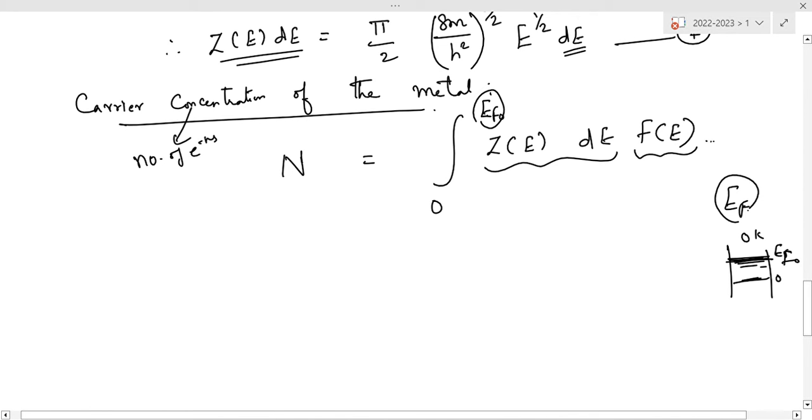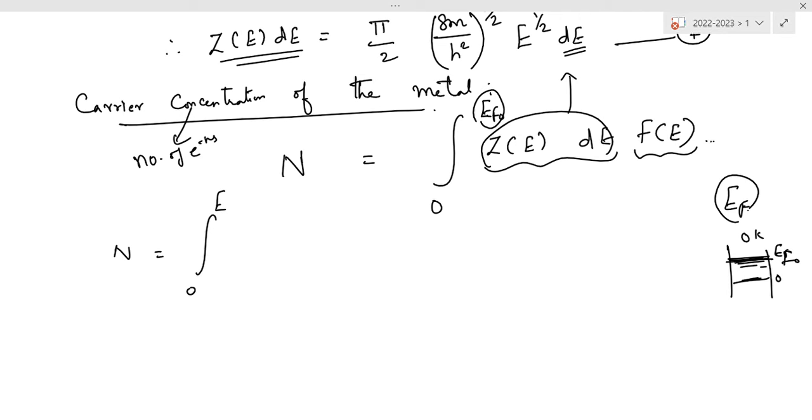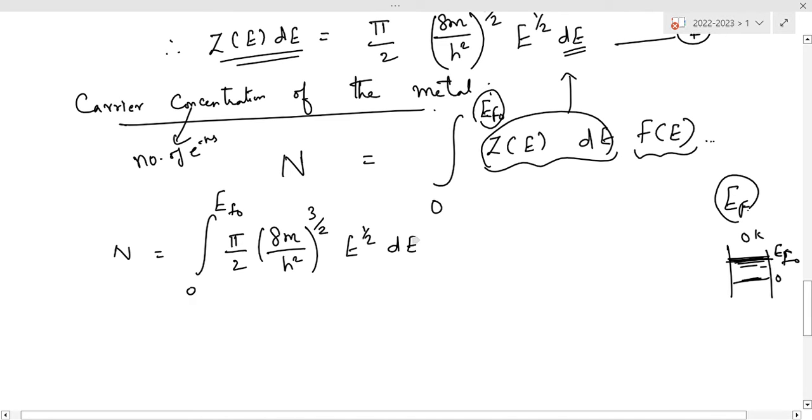Substituting Z of E dE as equation number 4, I get N is equal to 0 to EF naught limits within integration pi by 2, 8m by h square the whole power 3 by 2 E power half dE, and F of E is considered as 1. It is a probability function.